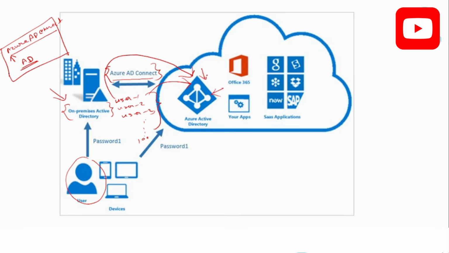Otherwise, first we need to open Azure Active Directory and create a global administrator account. Through the global administrator account, we will configure the Azure AD connector. After configuration of the Azure AD connector is completed, we can easily synchronize all on-prem users to the cloud. So this is the main process.